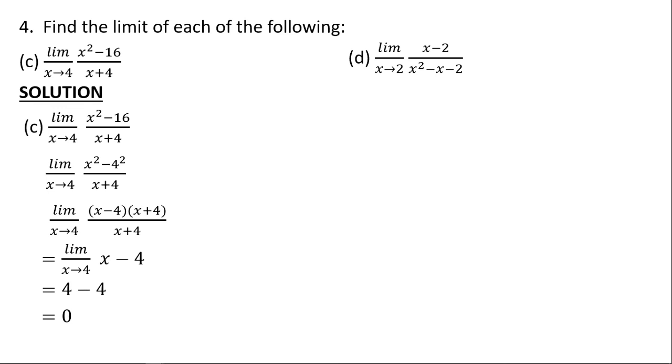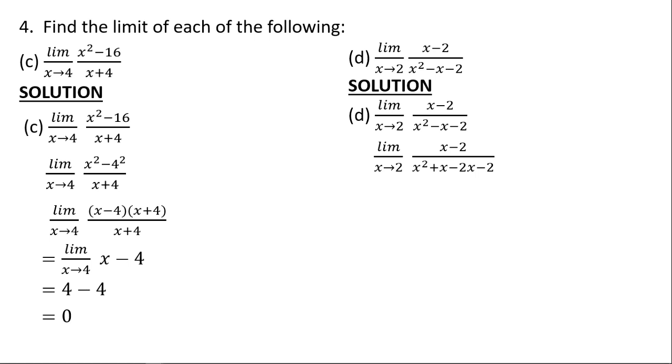So our factors are positive 1 and negative 2. Where there's that negative x, we replace it with positive 1x and negative 2x. So it is x minus 2 over x squared plus x minus 2x minus 2.